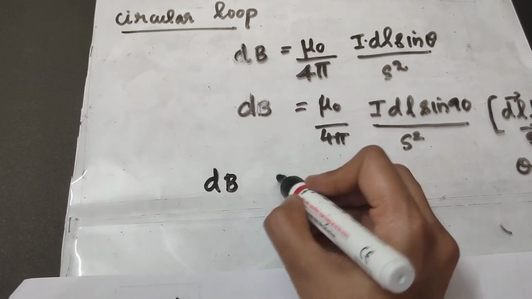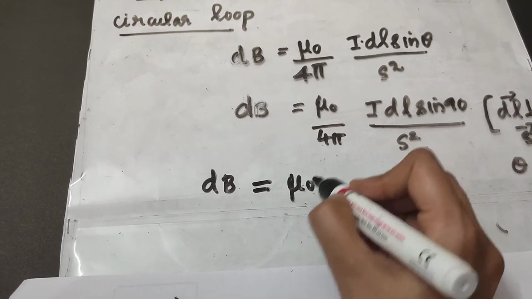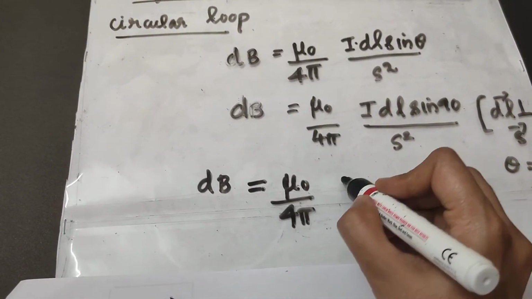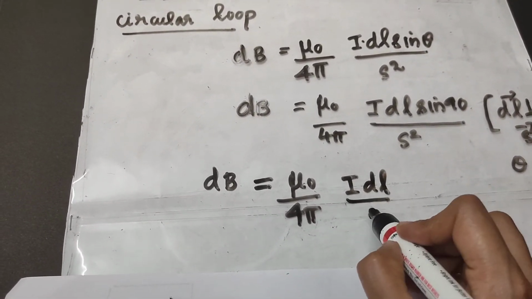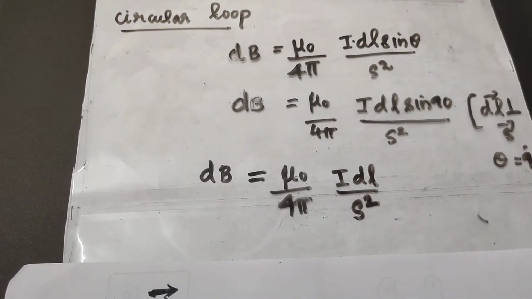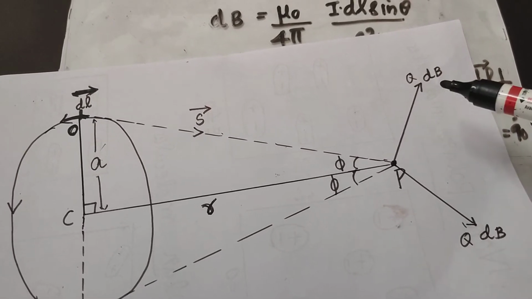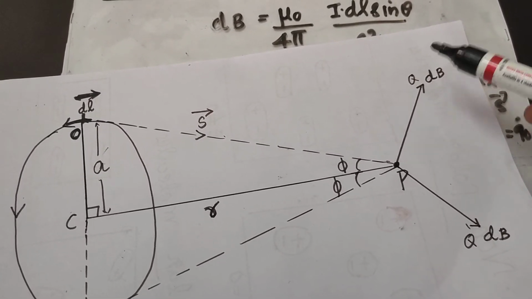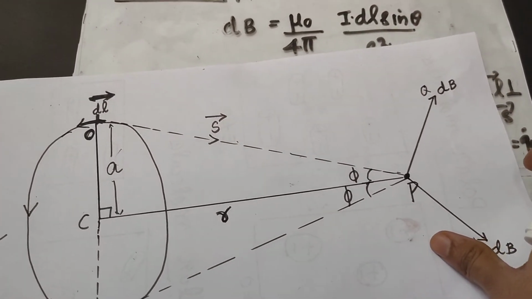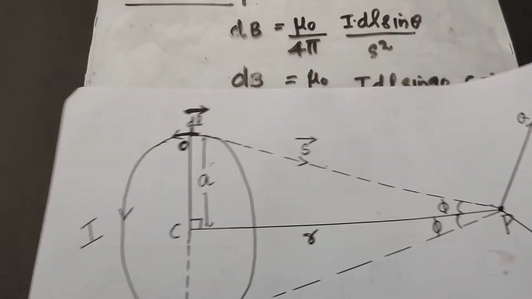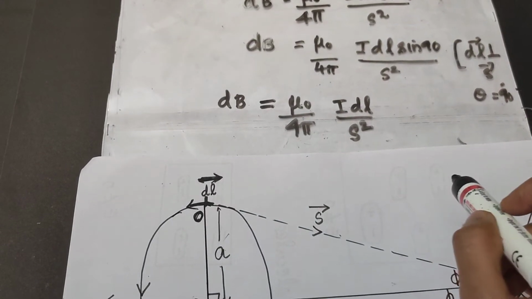And we know sine 90 is 1, so dB is equal to mu 0 by 4 pi I dl by s square, and the direction of dB is shown by this PQ. So we got the magnitude of the magnetic field produced by the current element dl, and this is the equation.